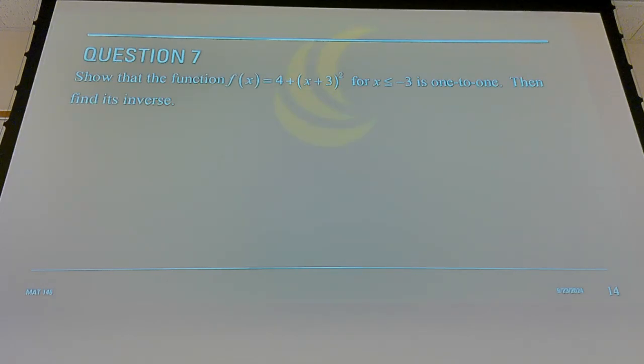To show that this function is 1 to 1, that's the claim: our function is 1 to 1 for x less than or equal to -3.